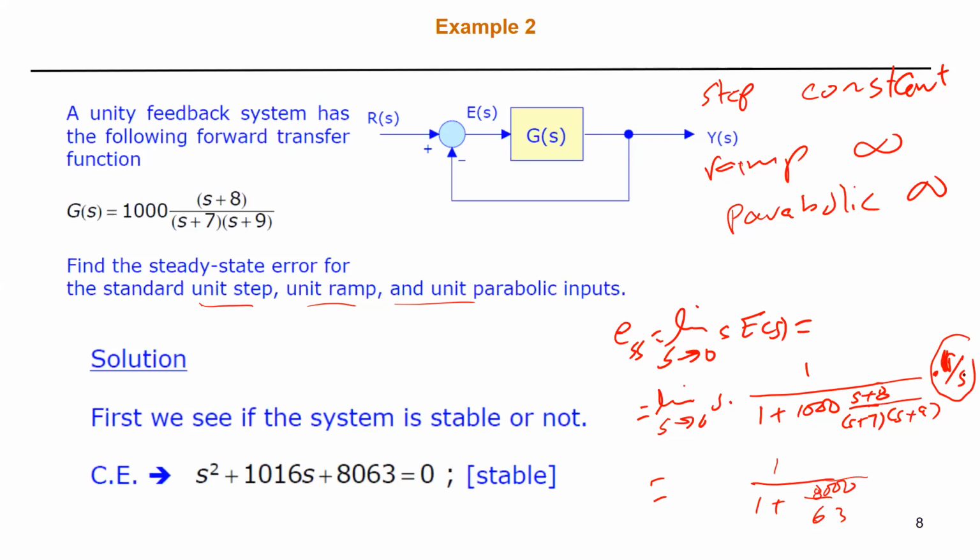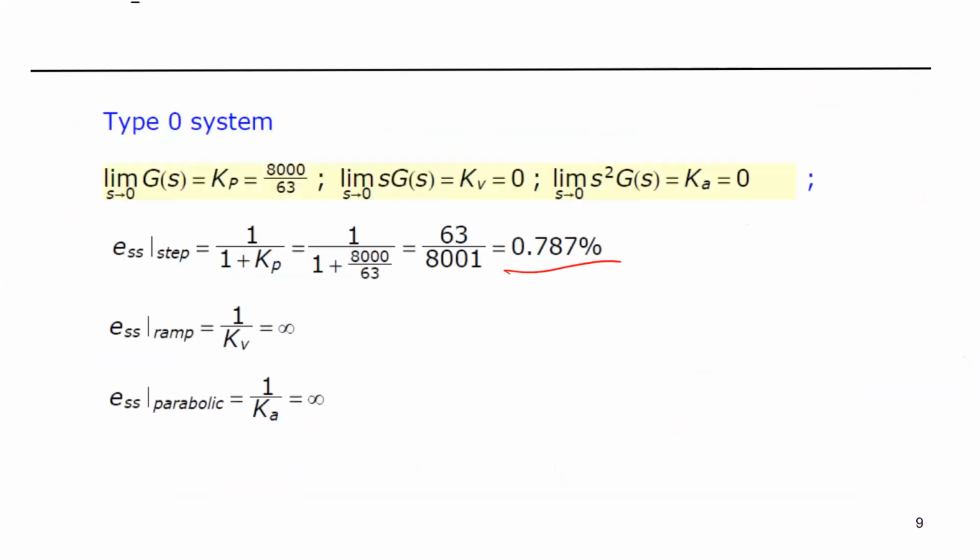For the parabolic you have S cubed, so even bigger infinity. This is as we anticipated: for the step input you have a constant, for the ramp it's going to be infinity, and for the parabolic input the steady state error will be infinity.